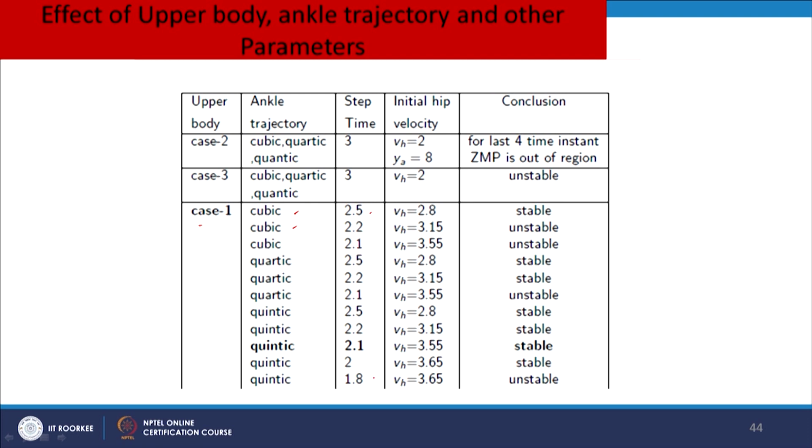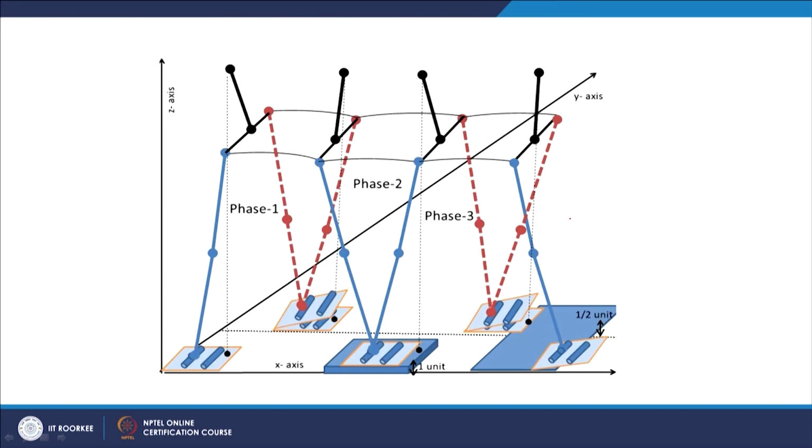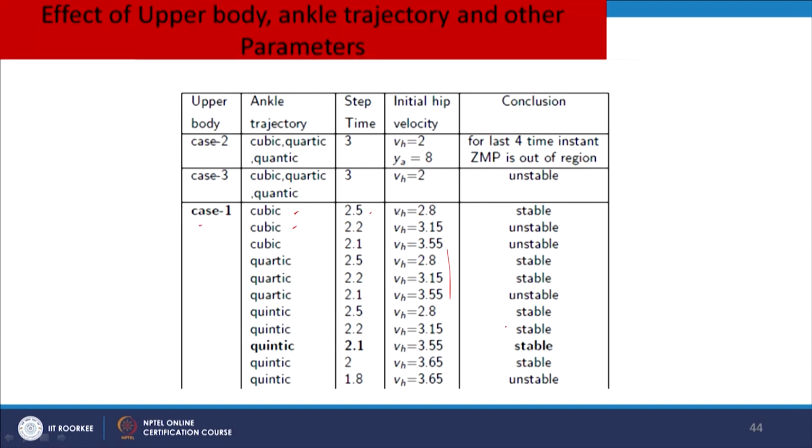So, for different types of time steps, and the initial velocity of the hip given by these numbers, for various combinations we try the stability of the robot, and it shows that in most of the cases it is stable. For example, in 2.1 second with velocity 3.5, it is stable. The stability margin is more in this particular case.